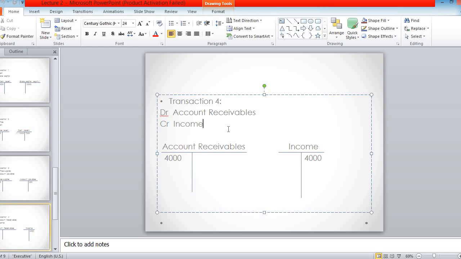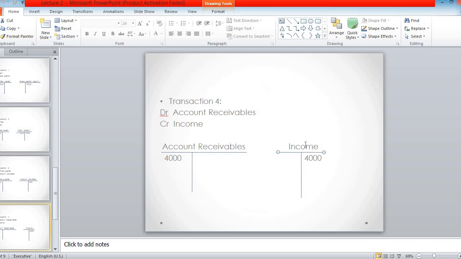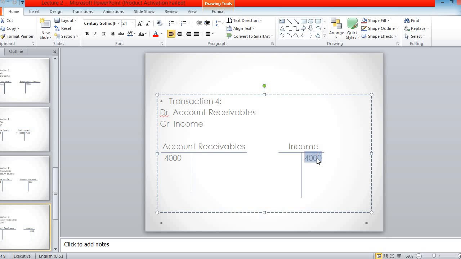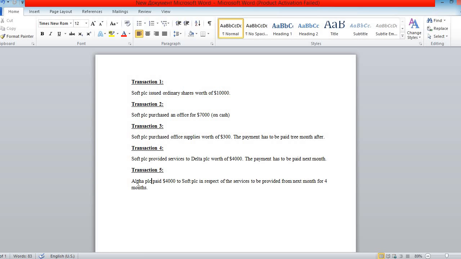So income is an increase in equity. Our asset goes up, our liabilities don't change, and another asset doesn't change, so our equity goes up. So an increase in equity is income. So we get income so that our equity goes up. An increase in equity is a credit entry. So we have income, and on the right hand side 4,000. This is the fourth transaction.